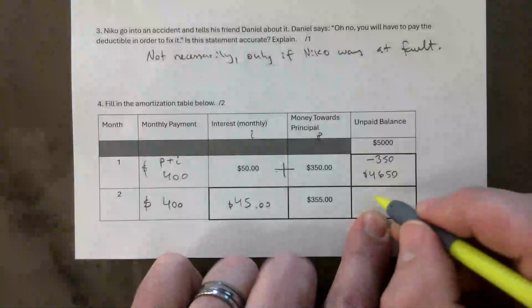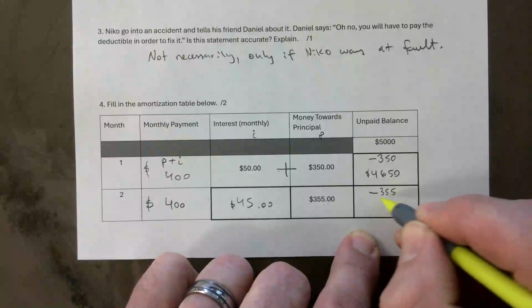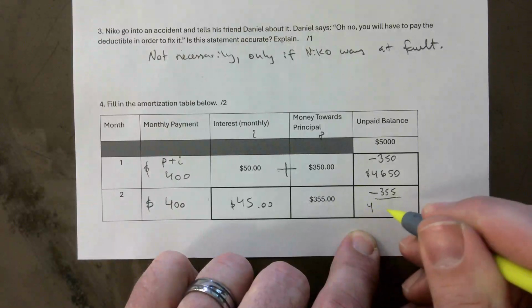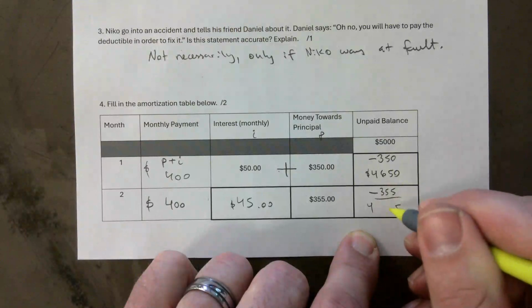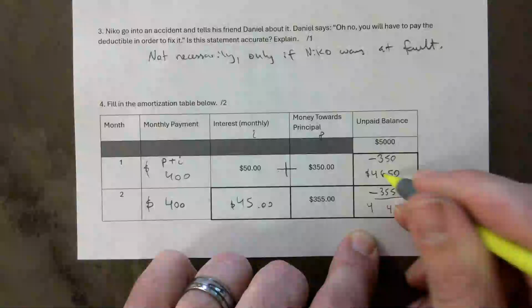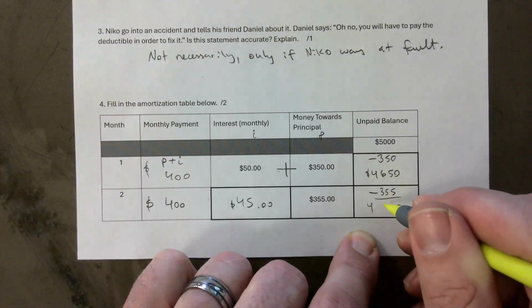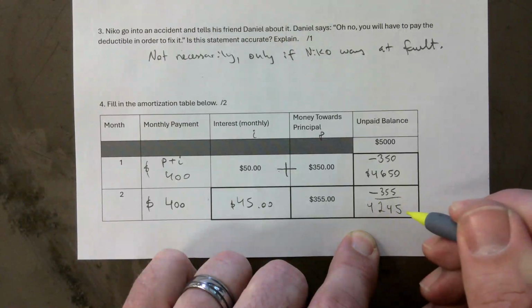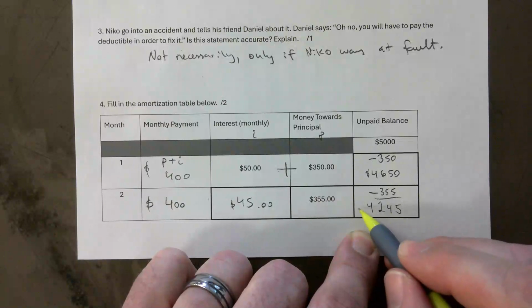And then this one, you go minus 355. Oh, you gotta help me on this one. This is 5, 2, right? Yeah? 42, yeah, okay, good.